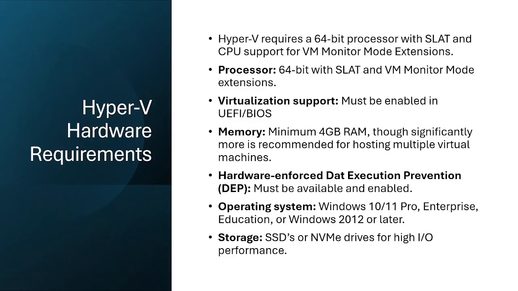It is recommended that the host machine has a minimum of 4 gigs of RAM, but for smooth running of multiple virtual machines, it is recommended to have a significantly larger amount of RAM attached to the physical machine. Hardware-enforced data execution prevention must also be available, and it should be enabled on the host machine.